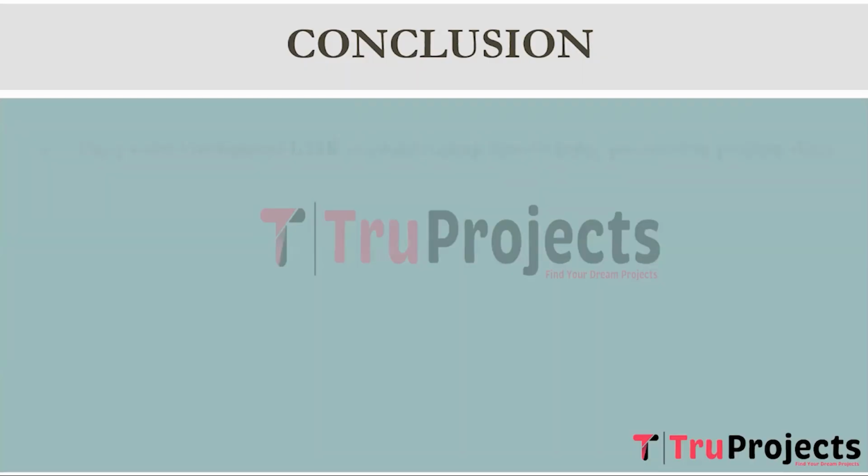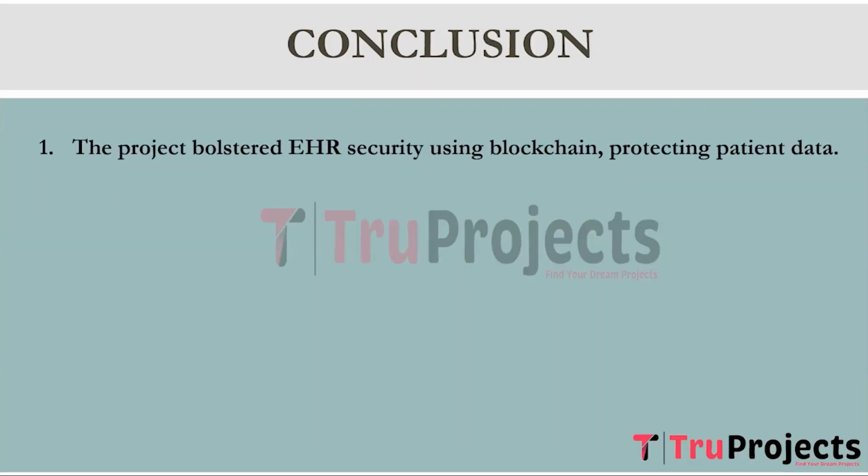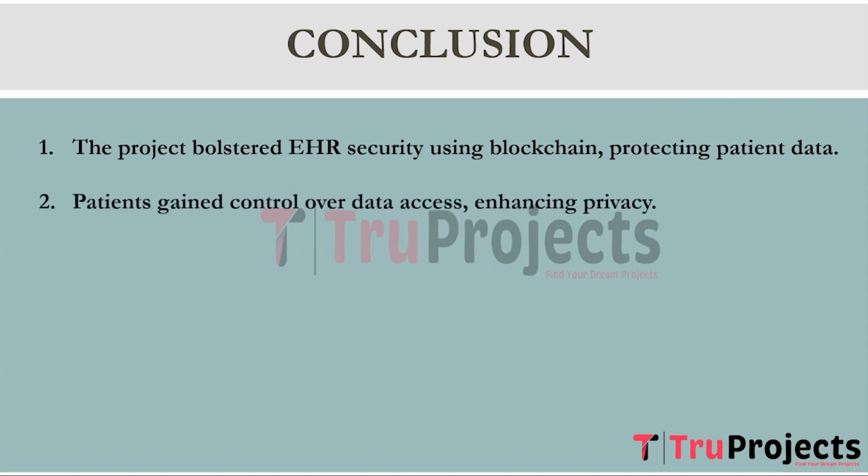Conclusion of the project. The project successfully leveraged blockchain technology and Hyperledger Fabric to fortify the security of electronic health records, ensuring that patient data remains protected against unauthorized access and tampering. By granting patients control over their medical data and permission access, the project has empowered individuals to actively manage who can view their records, safeguarding their privacy and rights.